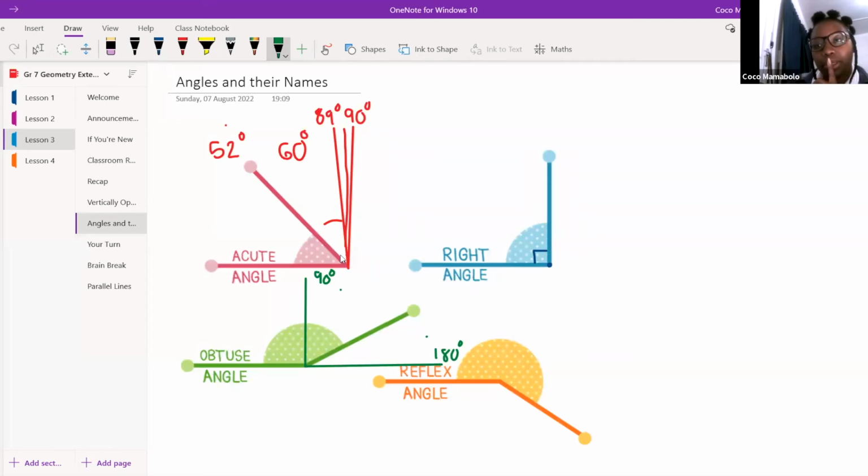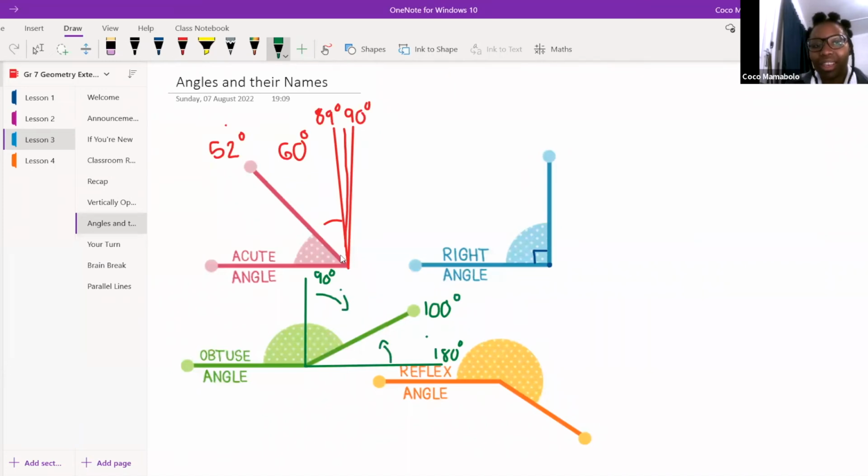Can you give me an example of an obtuse angle? It just needs to be bigger than 90 but less than 180. An angle between 90 and 100. I can say maybe this one is 100 degrees, because 100 is bigger than 90 but smaller than 180.